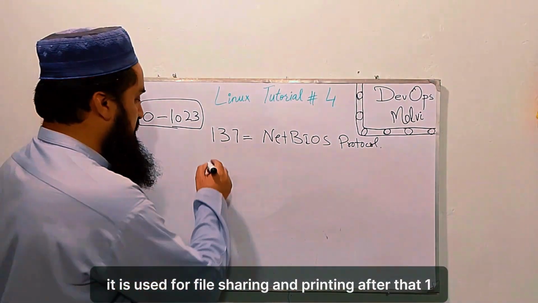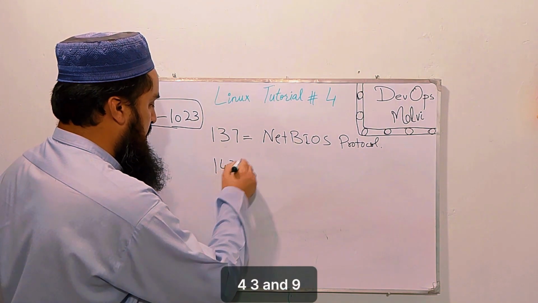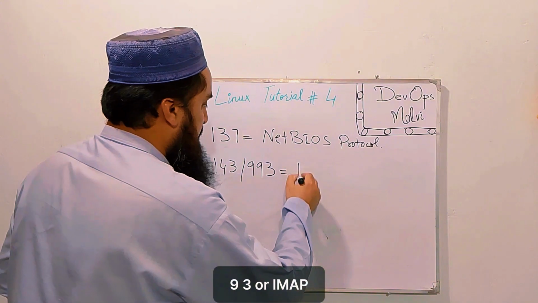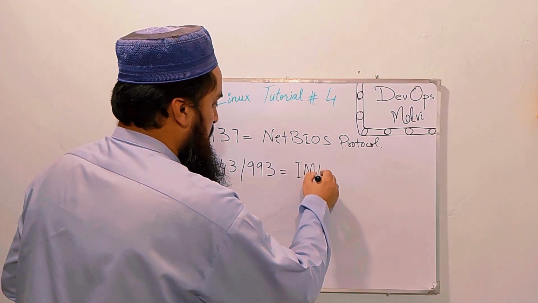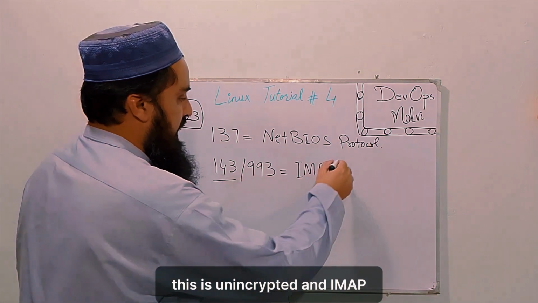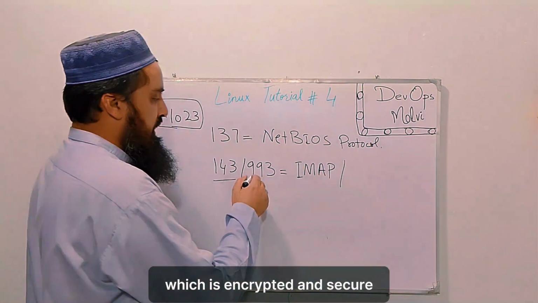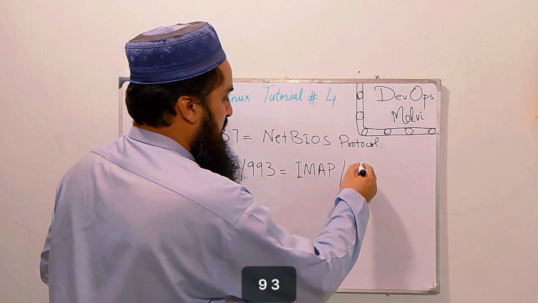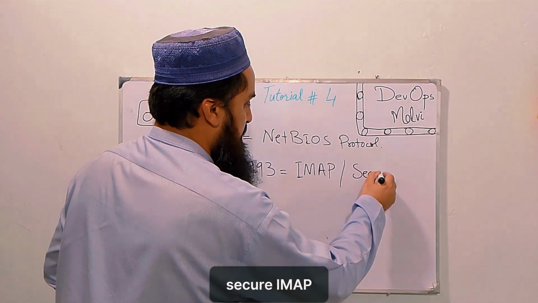After that, 143 and 993 for IMAP. 143 is unencrypted, and IMAP which is encrypted and secure runs on port 993, secure IMAP.